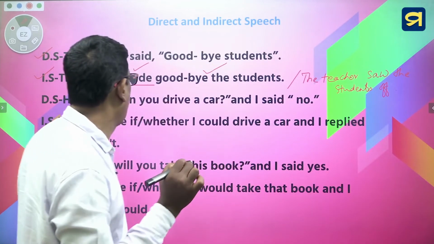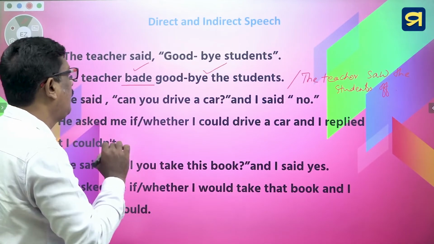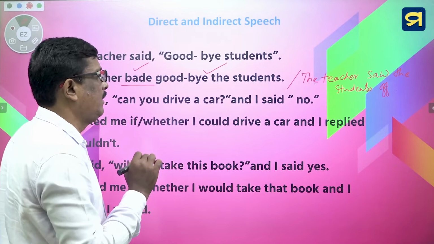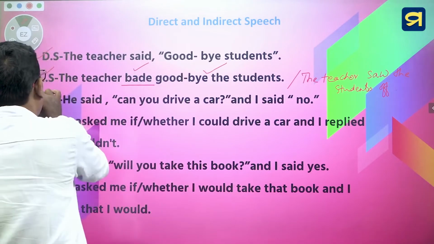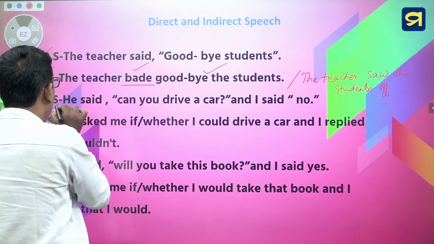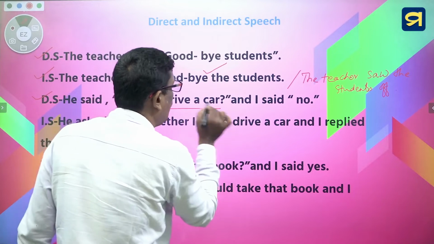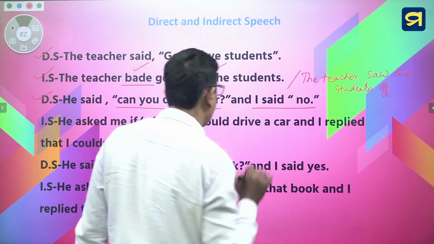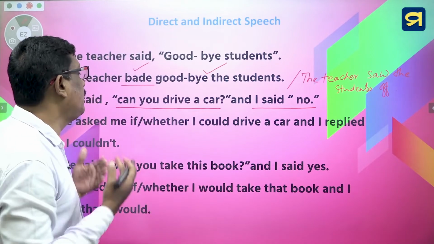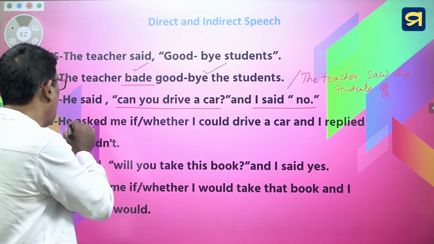Okay? Or next, he said, "Can you drive a car?" And I said, "No." You see, there are two sentences in the direct speech. "Can you drive a car?" is a sentence and I replied no. So how will it change when there are two sentences from direct speech into indirect speech? You see, he asked me.